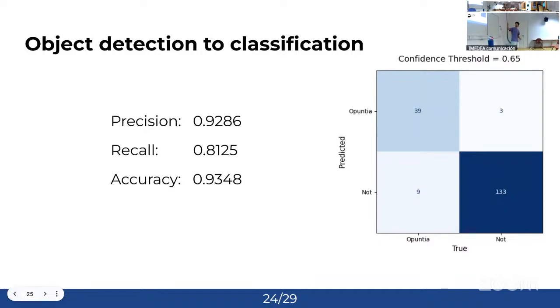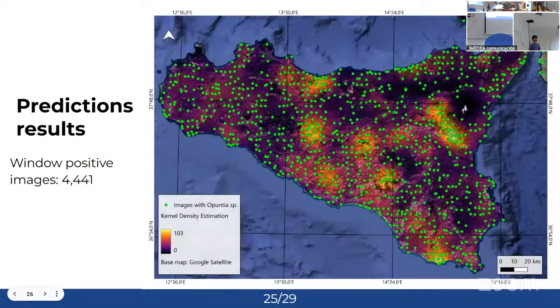That approach works well for bigger images where the Opuntia can be in a small region of the image. Okay, then with all the 16,000 downloaded images, I ran all the predictions using the previous inference strategy, adapting the model as a classification.